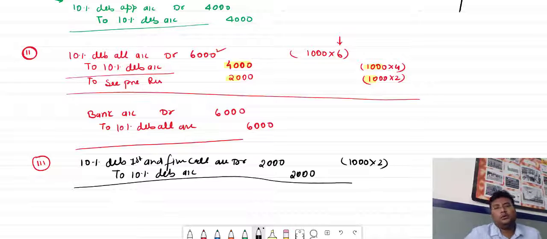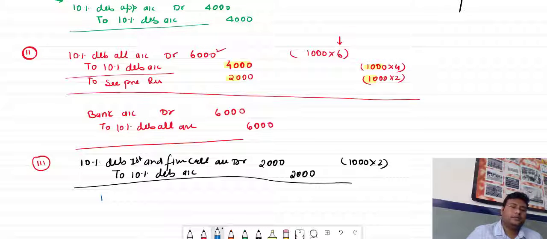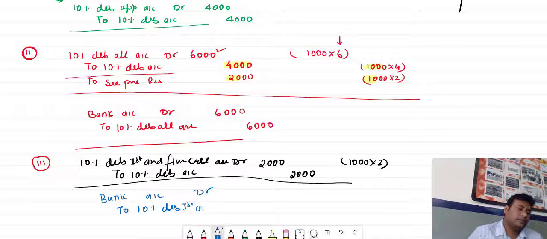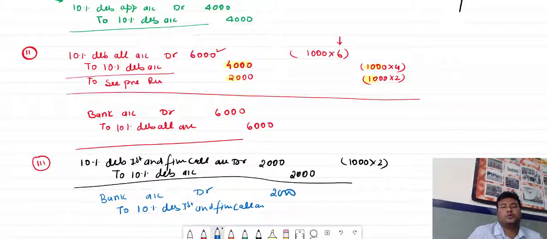Now the money of the first and final call is also received. So simple, bank account debit to 10% debenture first and final call account, 2000 and 2000.